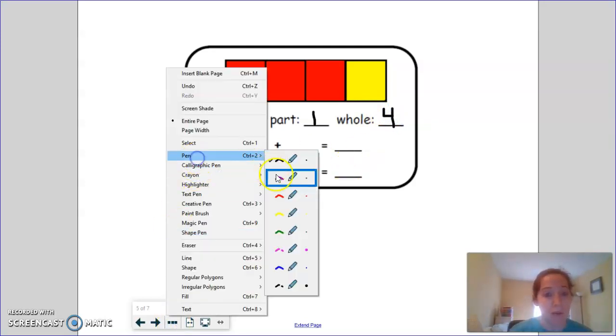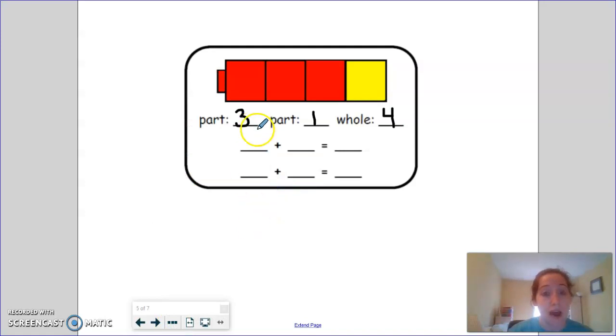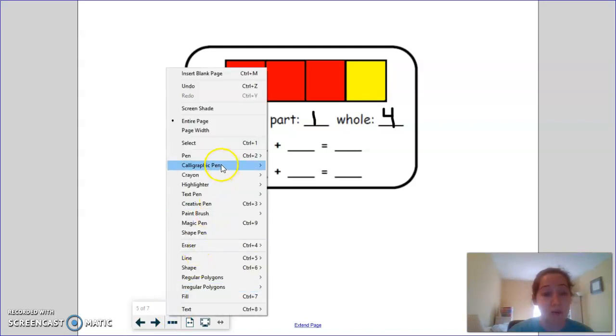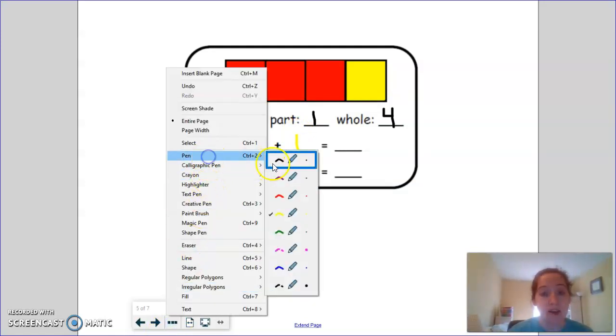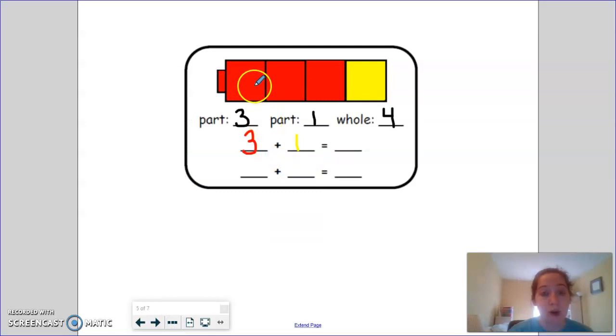Let's go down here and make our pen red. Now, I had how many red cubes? 3. How many yellow cubes do you see? 1. And that makes our answer 1, 2, 3, 4.